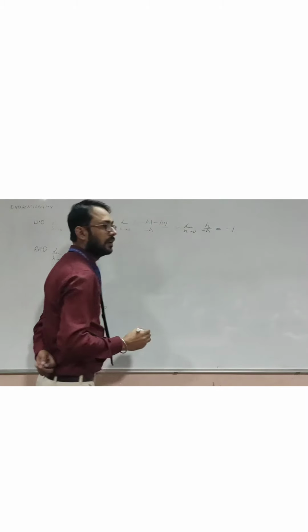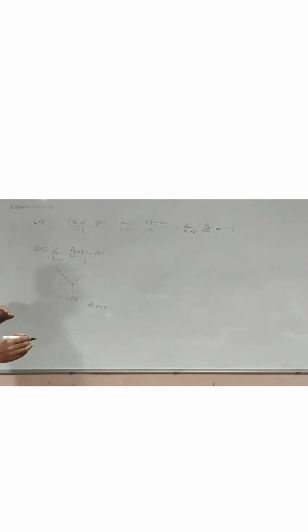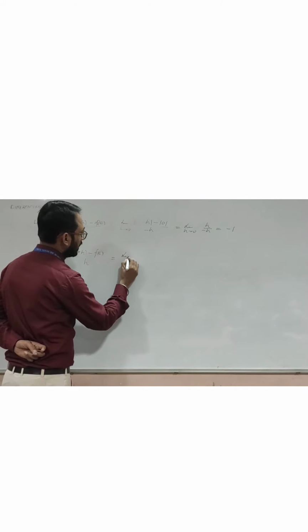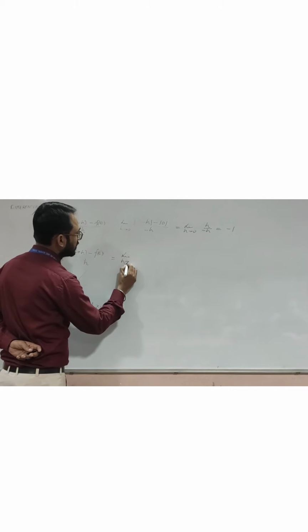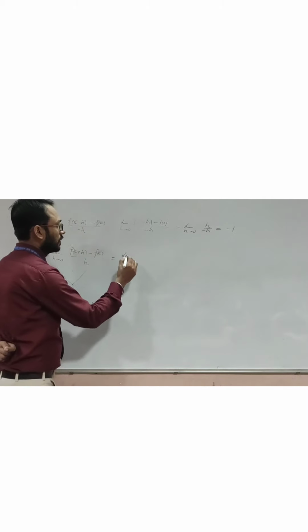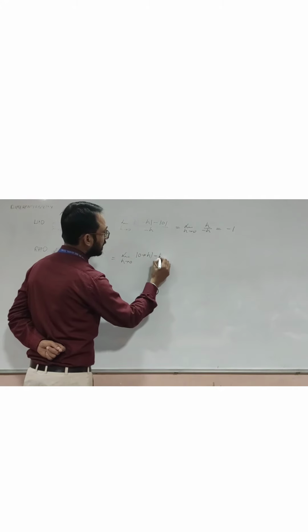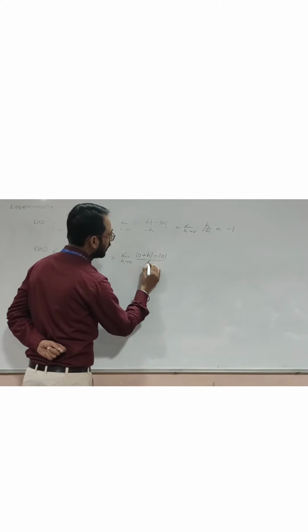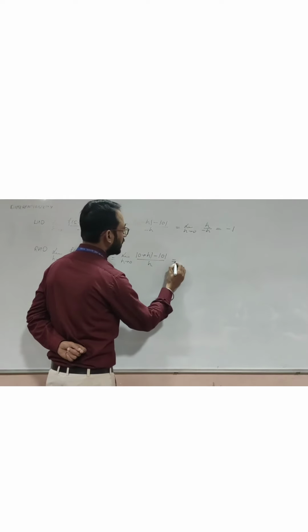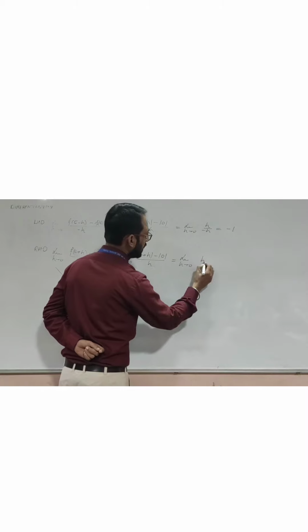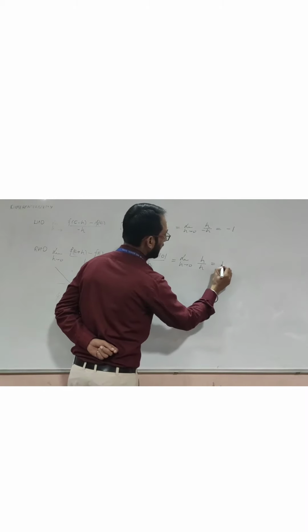Now let us check the right hand derivative, that is limit of h tends to 0, f(0 plus h) minus f(0) whole upon h. It will become limit of h tends to 0, h upon h, that is 1.